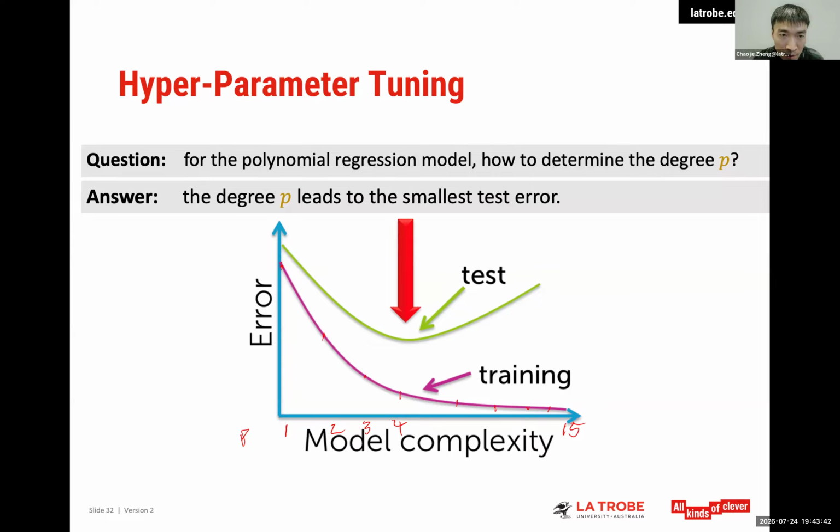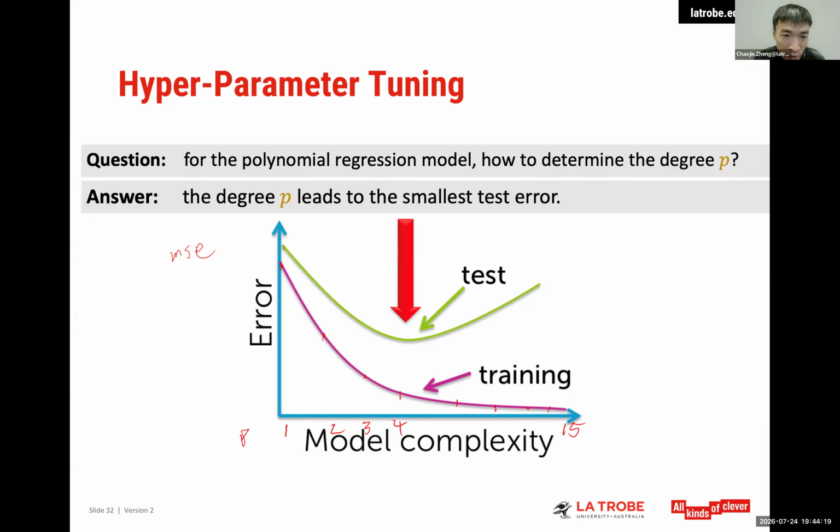And we will observe that, let's say this error, we will use the mean squared error. So that means the mean difference between the model prediction and the true data values. We will observe this kind of trend represented by this green curve.